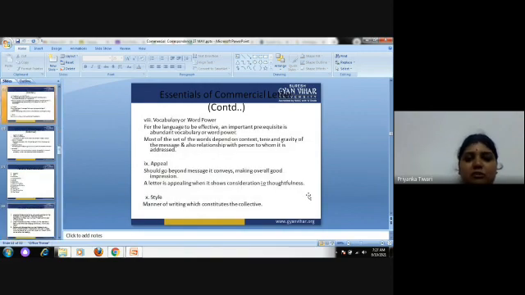For the language to be effective, it needs evident vocabulary or verb power. The choice of words depends on context, tone, and gravity of the message, and also the relationship with the person to whom it is addressed.